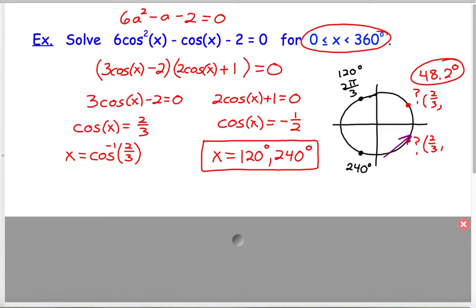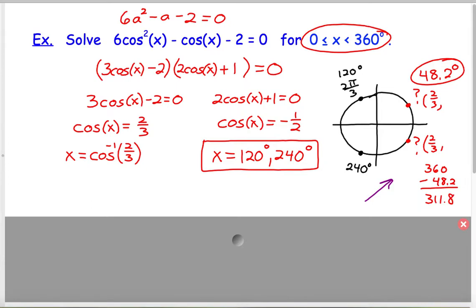I don't want to get a negative angle for an answer because I'm supposed to be giving answers between 0 and 360. So all I'm going to do is take 360 minus 48.2, and that's going to give me what? 311.8?